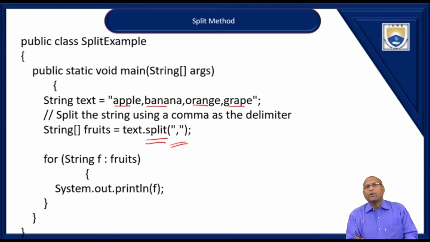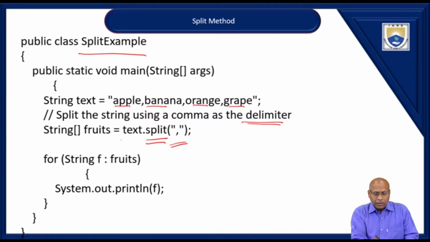Now we'll write a small program. Class SplitExample, public static void main, String args array. The string is given as static here, though of course you can read the data also. There is a text: apple, banana, orange, grape, and we split the string using comma as a delimiter. Wherever a comma comes, I will split from that point. When I use the split method, it will give an array of substrings.